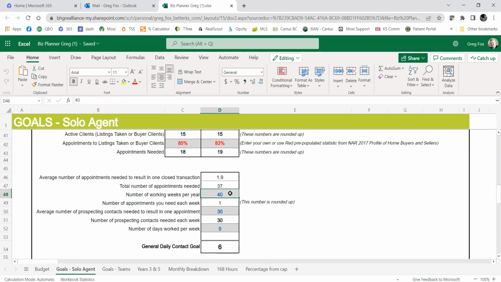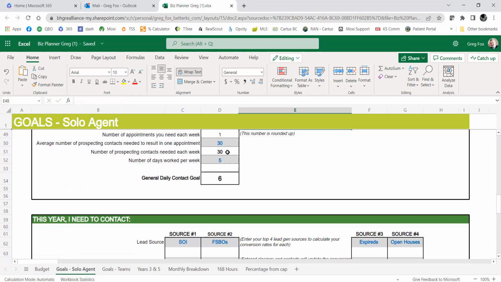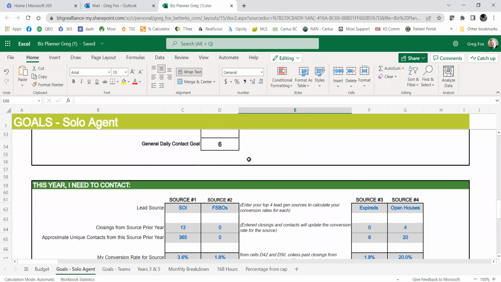Put 52 in there. Or let's put 50. Okay. I still need 1 appointment a week because it's rounded up because of its calculation. Average number of contacts, and I'm still only working 5 days a week. So let's stay with the 6 a day.